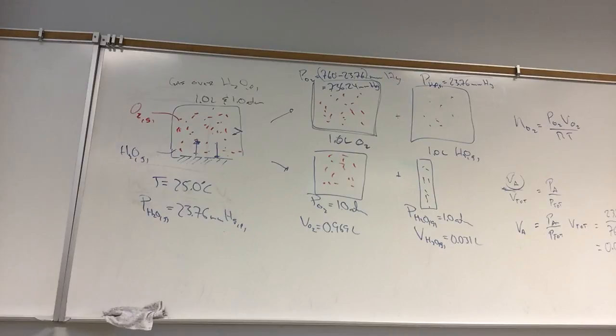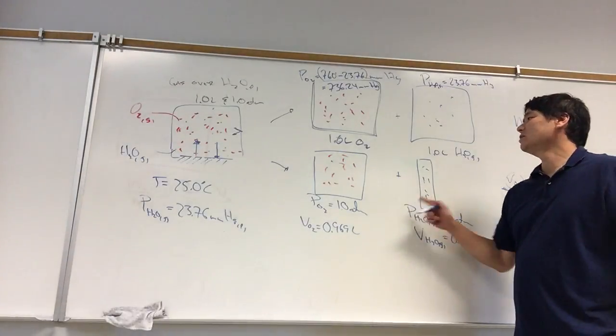It's mostly oxygen. 96.9%. We'll just calculate: 736.24 divided by 760 times 100. 96.9%. Both, right? I hope.